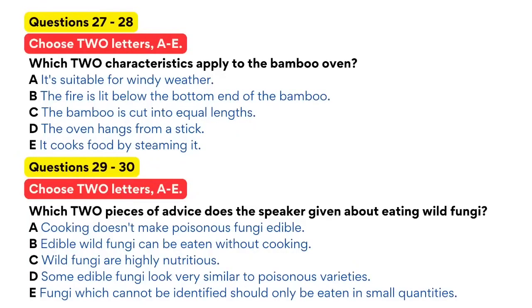You pour enough water in the top to fill the bottom section, and then light a fire underneath that section to heat the water. Then you put your food inside the top section, and the steam coming up the bamboo through the holes you made cooks it.